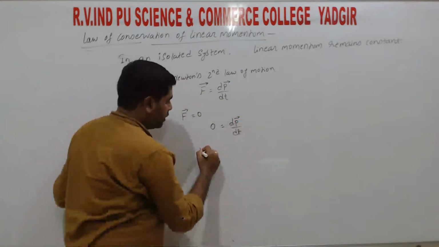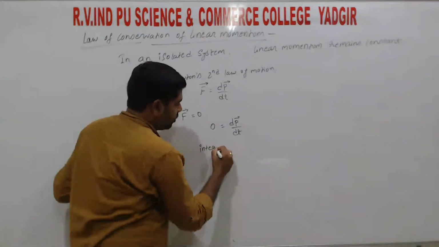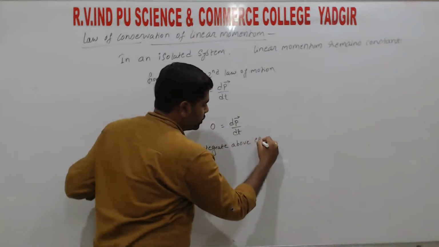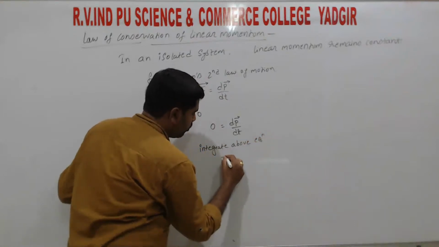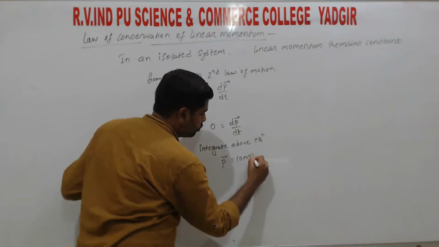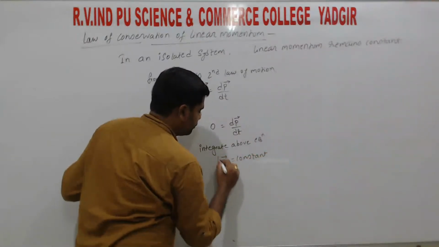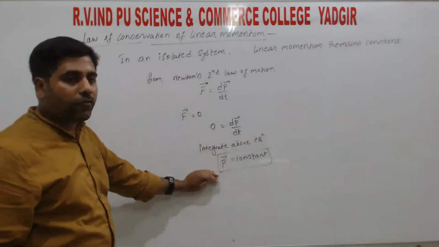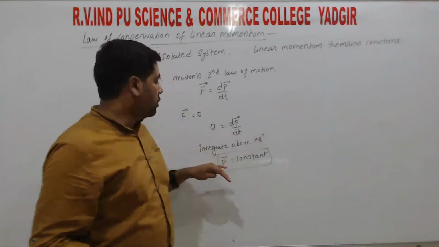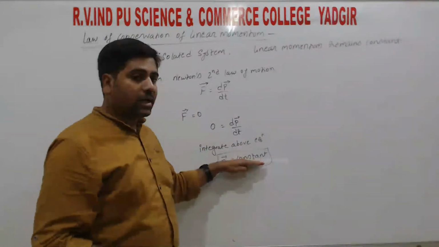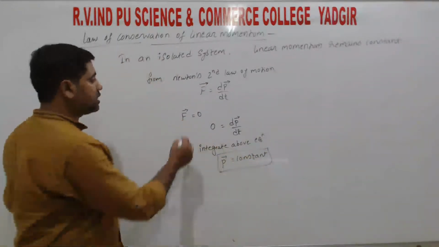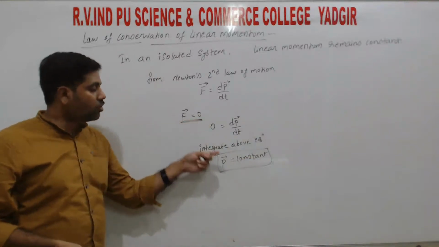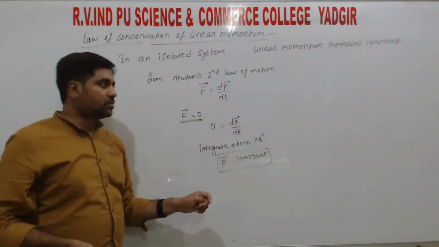If we integrate the above equation, we get momentum equal to constant, right? So this gives the conservation of linear momentum. Momentum is conserved when in an isolated system the net force acting on the system is zero.